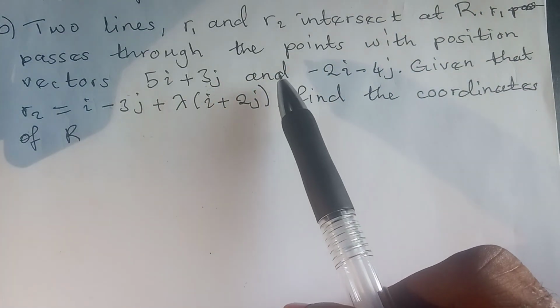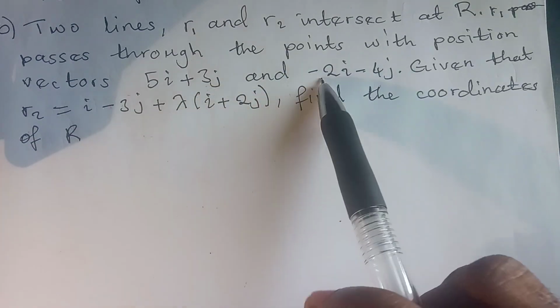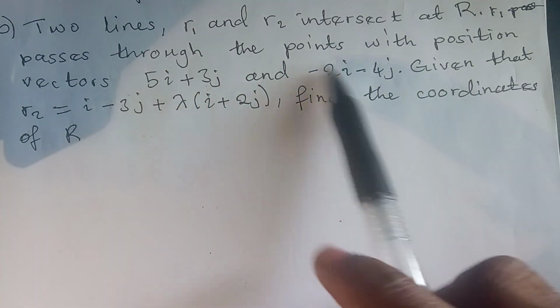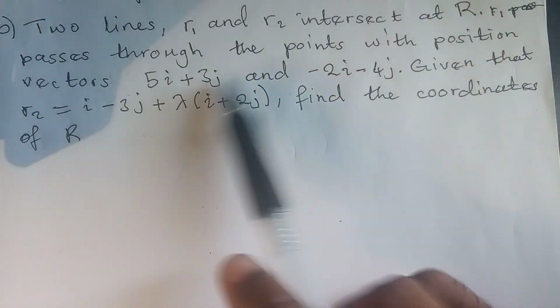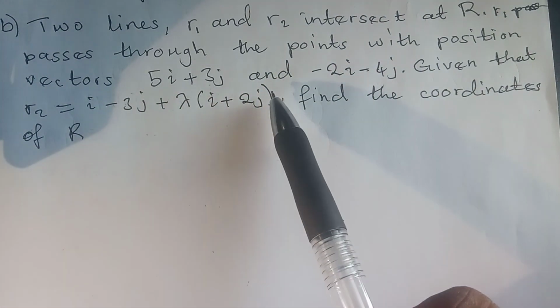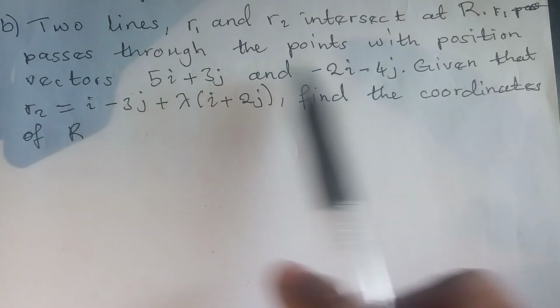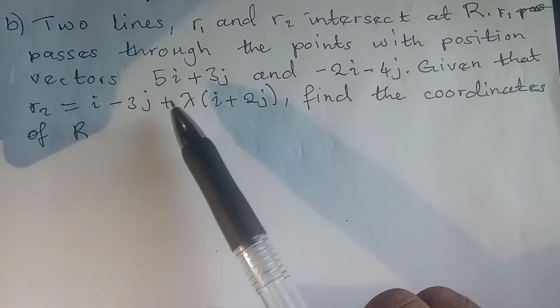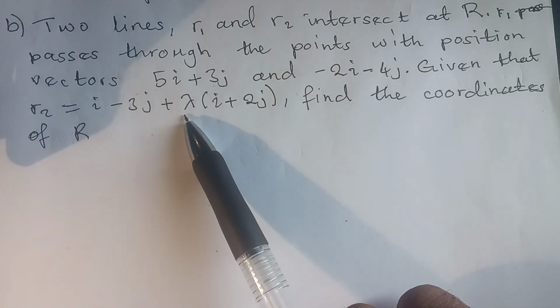So you can find the equation of the line where these 2 points are lying. And then once you find that equation, you can solve it simultaneously with this.